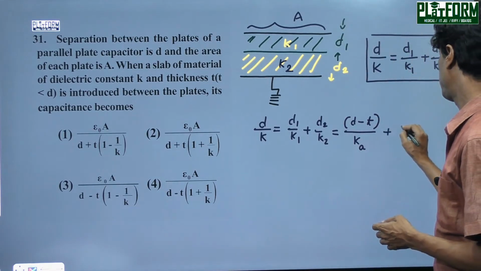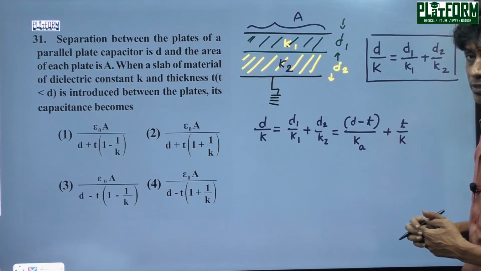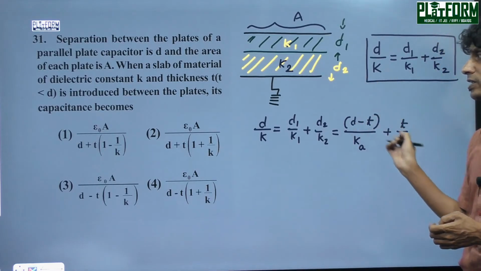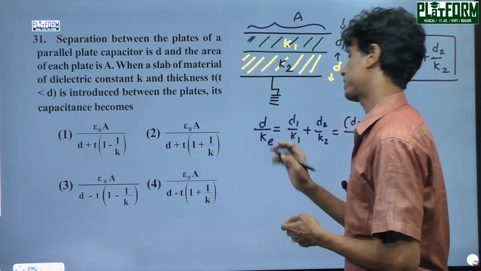Similarly it is T by K, where the thickness of the dielectric medium is T and the dielectric constant is equal to K.